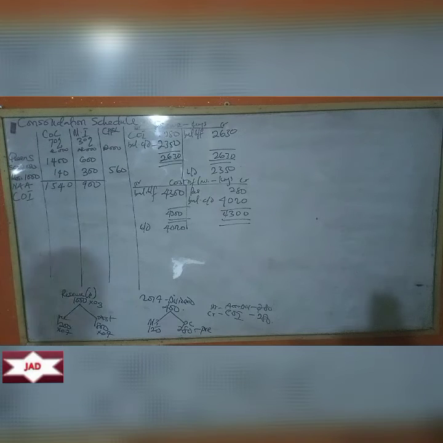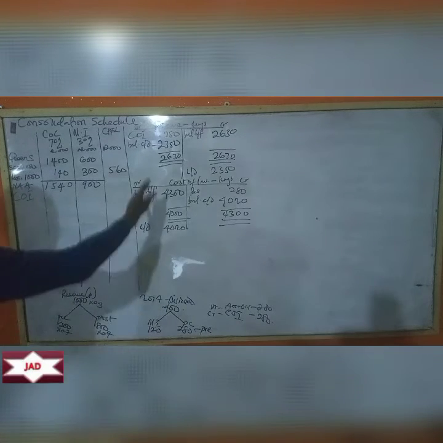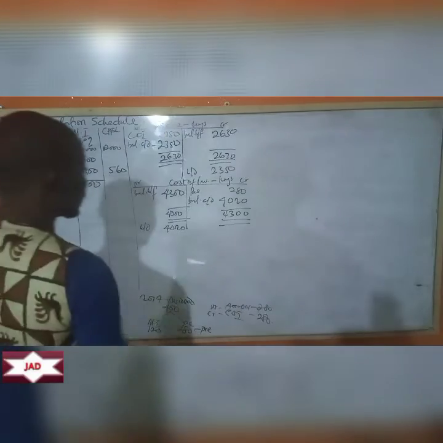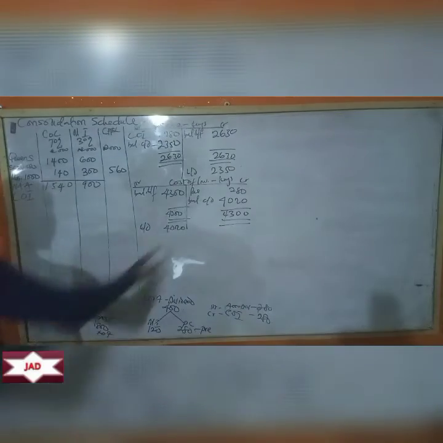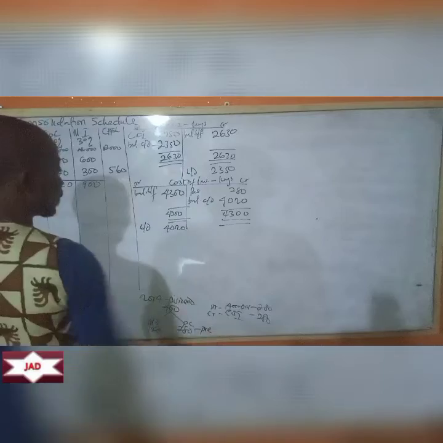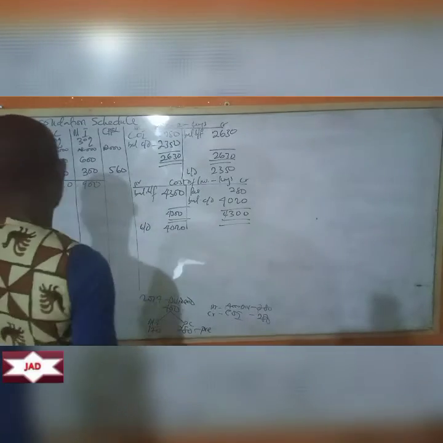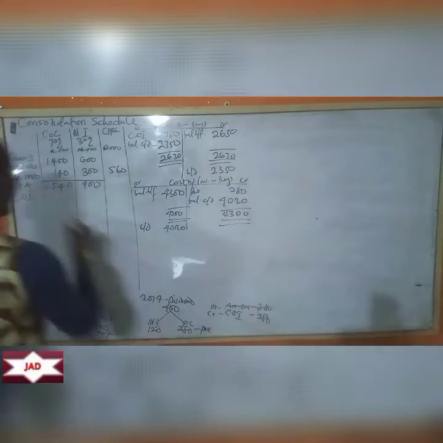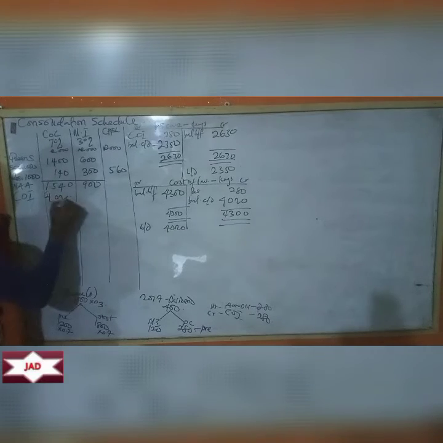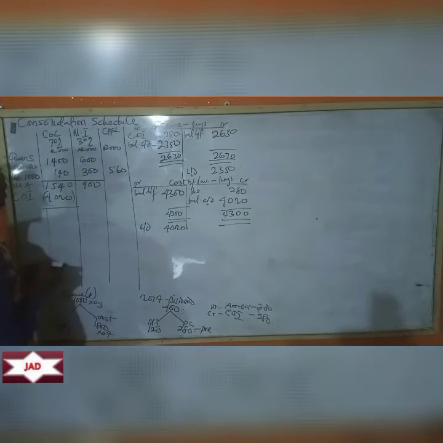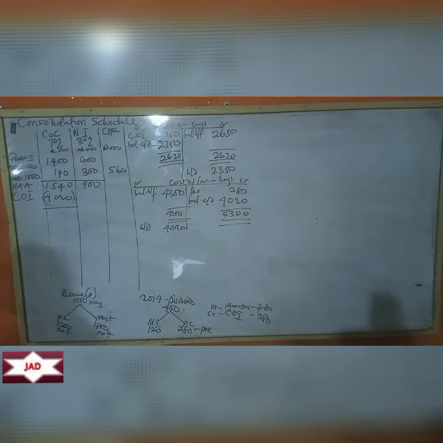All right, and then for cost of investment, we have 4,300, 4.3 million. Then we take out our 280, we have 4,020. So this is the new balance for the cost of investment. So we take that out, right? 4020 minus 1540.